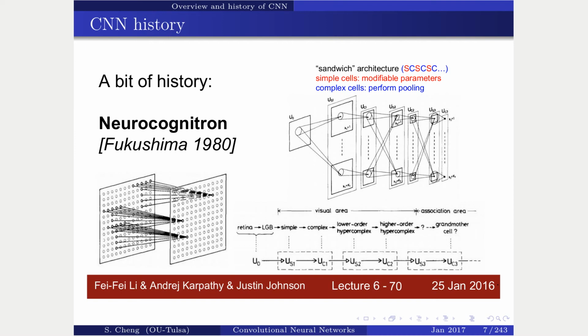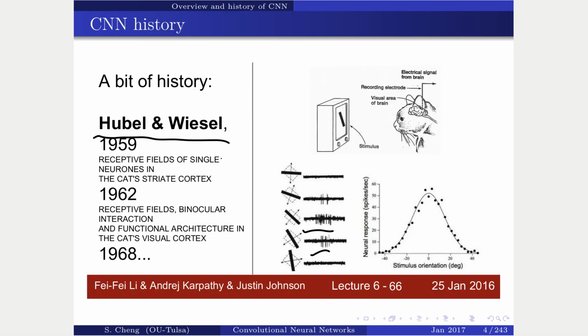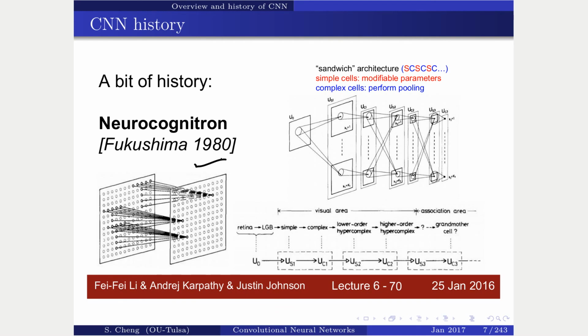Until Fukushima, in the early 80s, borrowed some of this idea from, I don't even remember the name. Yeah, Hubel and Wiesel, sorry. And of course, from the name you know that he's a Japanese guy, Fukushima.